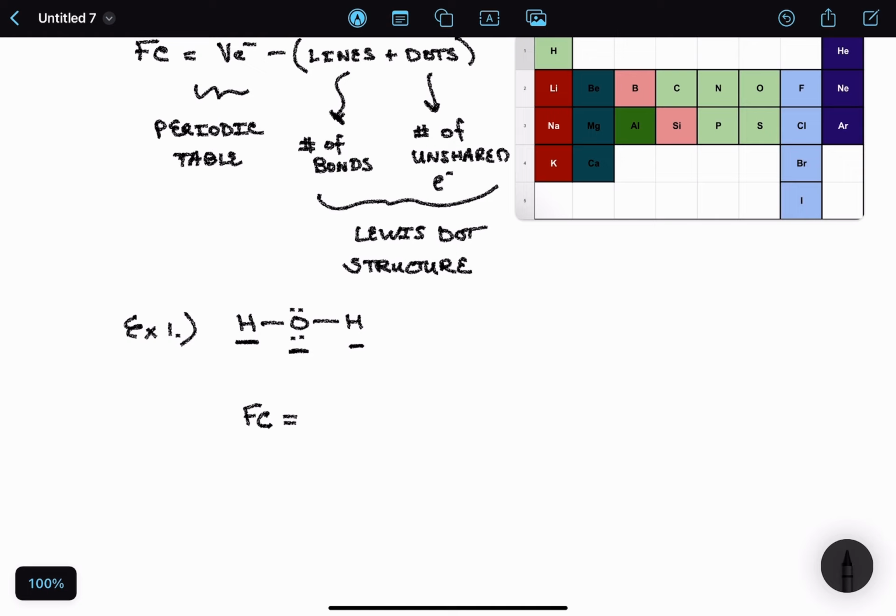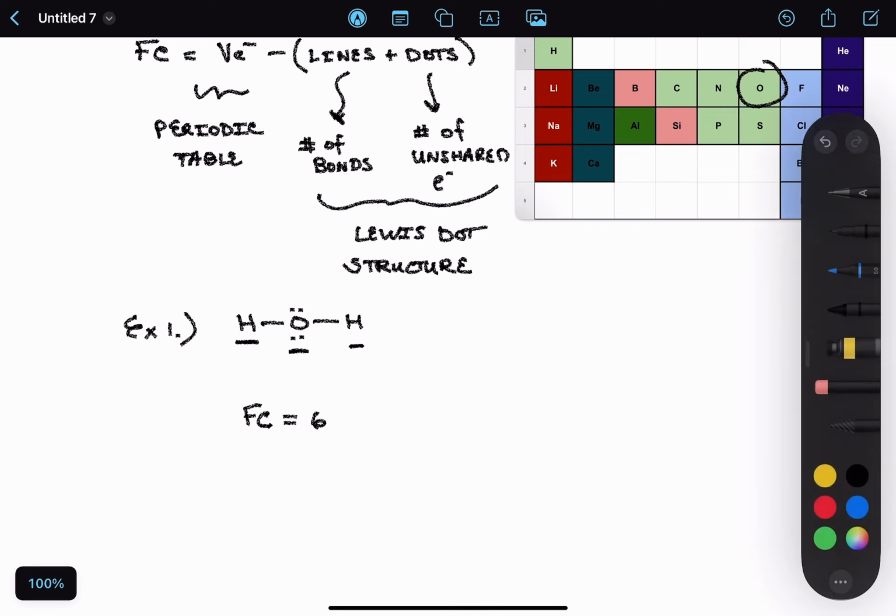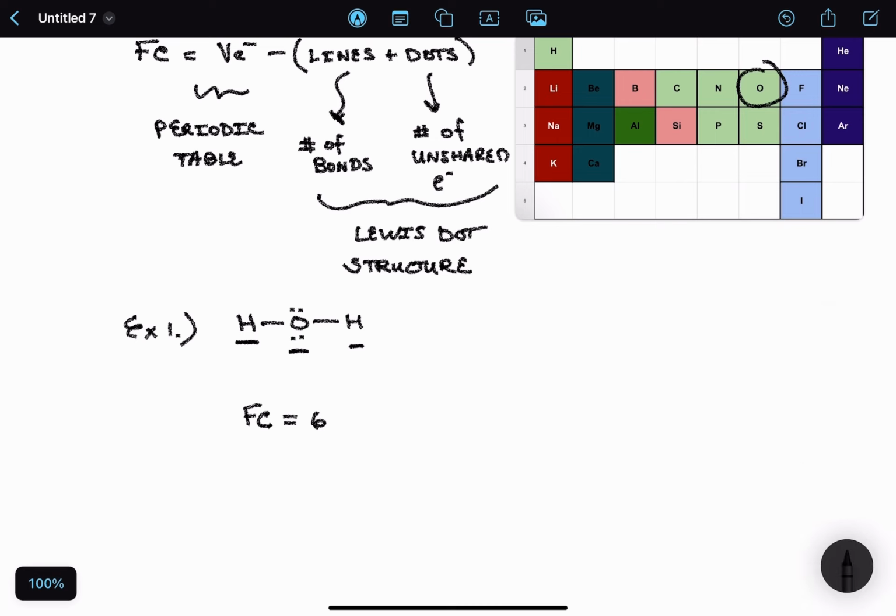So we're going to look at the valence electrons for oxygen. It's in row 6, so that gives it 6 valence electrons. And then we're going to subtract the number of lines or bonds that it has. Oxygen here in water has 2 bonds, plus the number of unshared electrons.